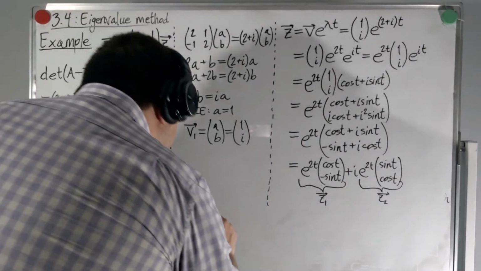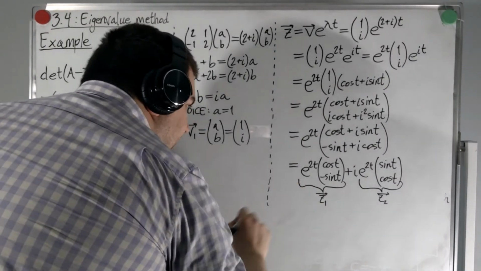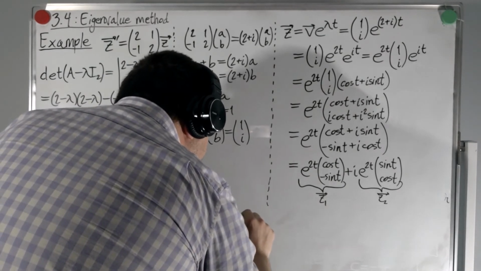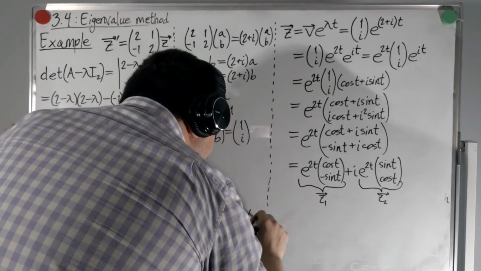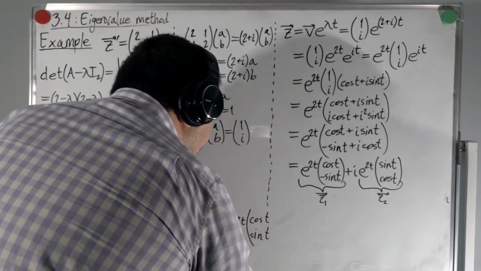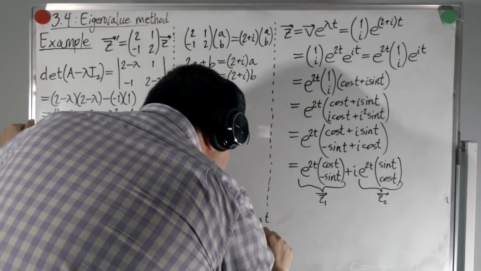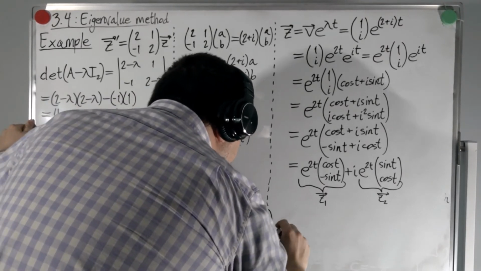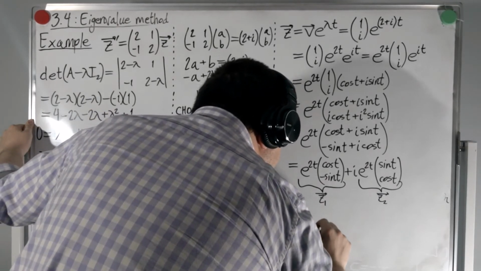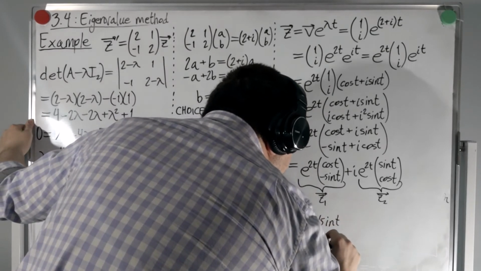So the general solution then is going to be C1 e to the 2t (cosine t, negative sine t) plus C2 e to the 2t (sine t, cosine t).